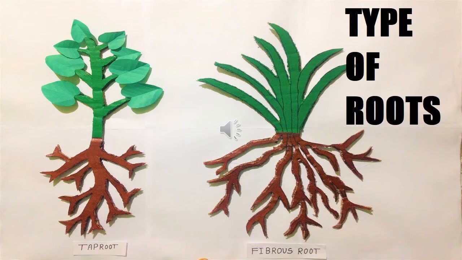What is the major difference between them is the main root. A taproot has a main root, then the smaller roots around it. But on the other hand, a fibrous root is bushy in appearance. A large number of roots grow from the main stem.